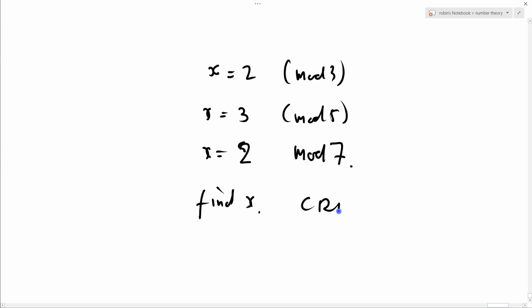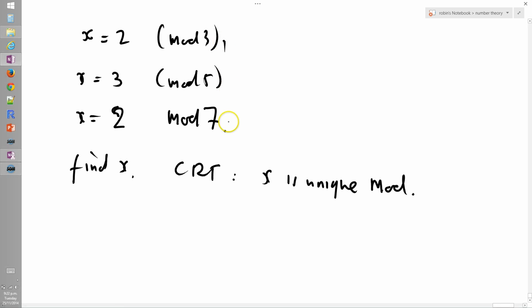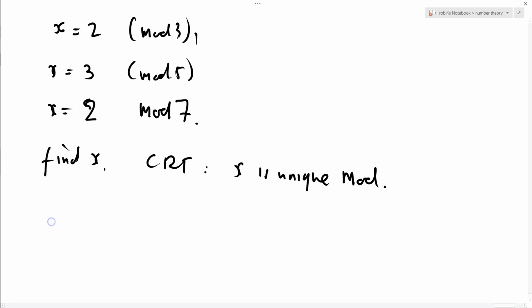Now the Chinese remainder theorem says that x is unique modulo, oh, these are pairwise prime, of course, because they're all prime, in fact. Modulo 3 times 5 times 7 equals 105. So I guess we could just go through all 105 numbers and find which one satisfies it, but see if we can be a bit cleverer than that.